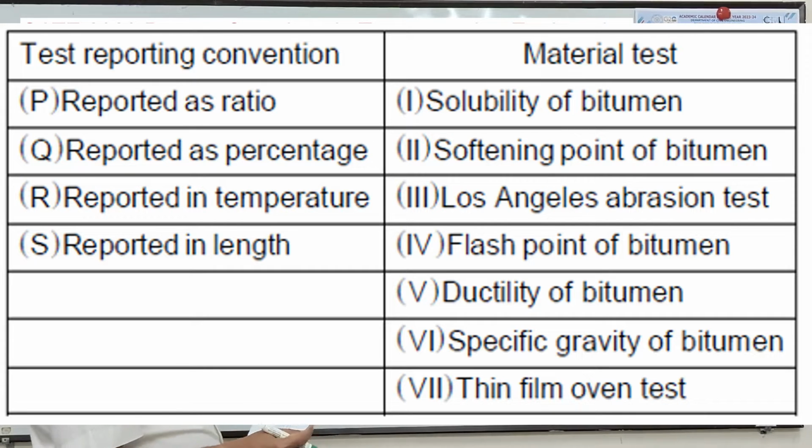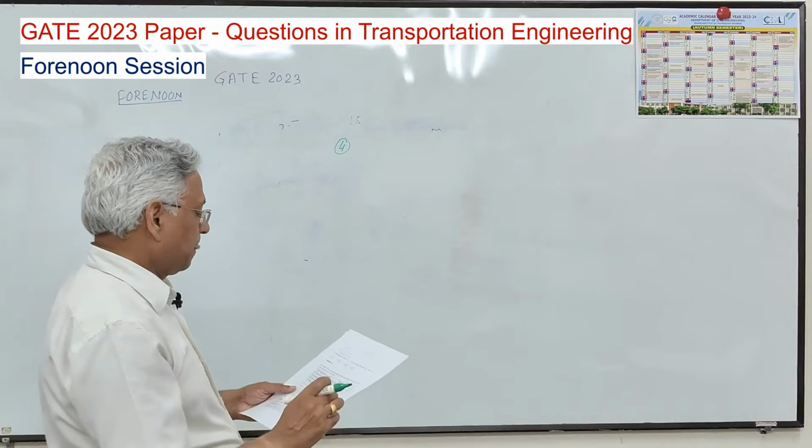And on the right side, you have the solubility of bitumen, softening point of bitumen, Los Angeles abrasion test, flash point of bitumen, ductility of bitumen, specific gravity of bitumen, and thin film oven test. Now let us see how these parameters are reported.